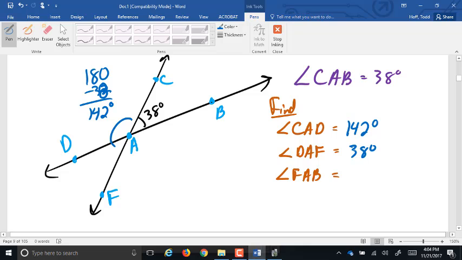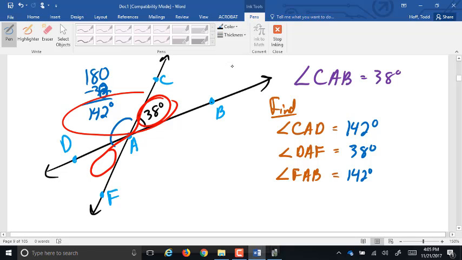And FAB? 142. Good. So when two lines intersect, there really are only two angles formed, and they're just repeated. So when two lines intersect, the angles that are formed are either supplementary, like these two, as we said, or they are equal, like those two would be.